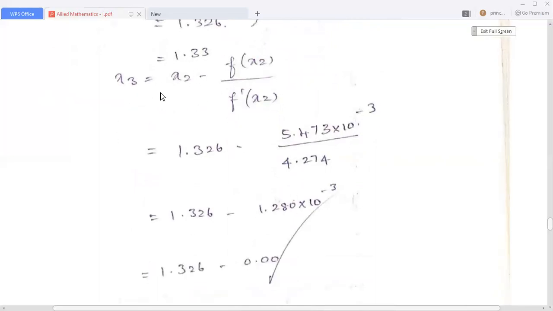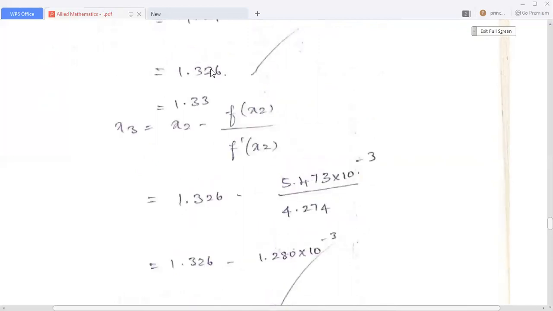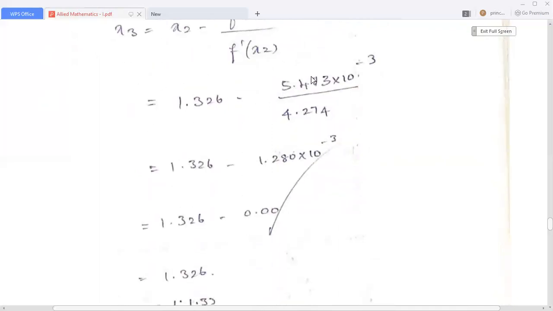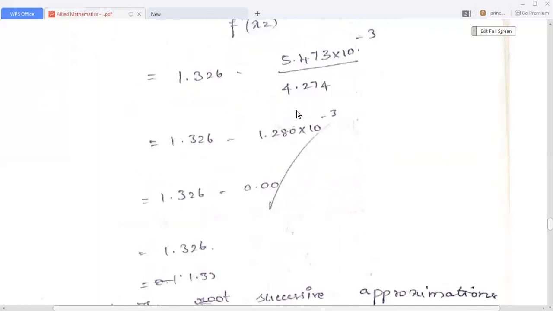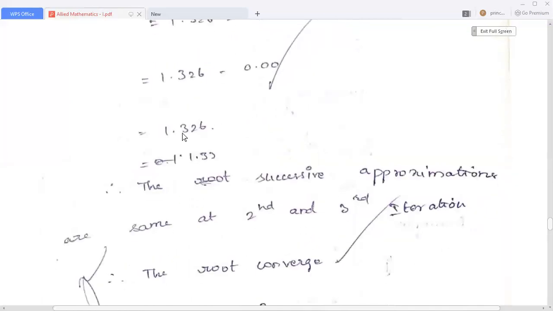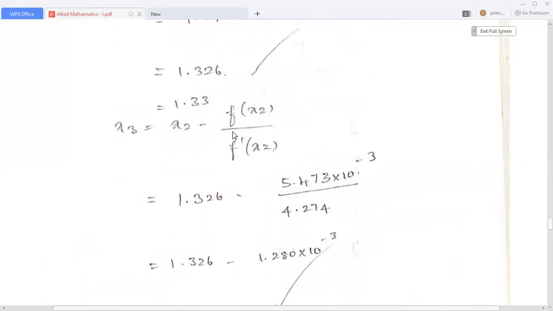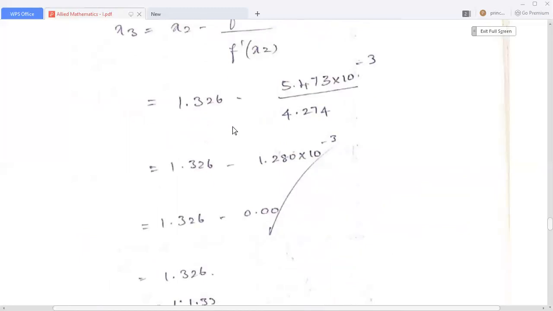So similarly, we calculate the third approximation. That is x3 equal to x2 minus f of x2 by f dash of x2. To find the x3 value, we need the x2 value. Here the x2 value is 1.326. Now we substitute that value in x3. We get 1.326. The same answer.